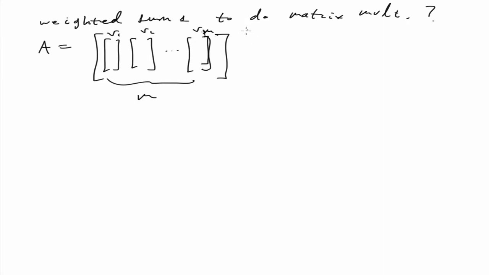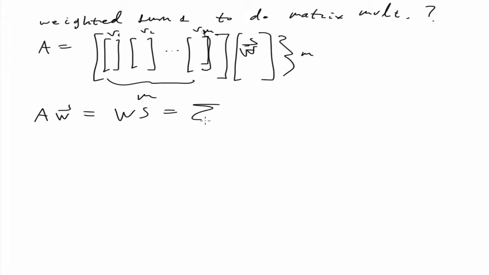Then what I'm going to do is multiply it by a vector called W, a column vector that also has length m. Then A times W, the vector, is going to be the weighted sum. It's going to be the sum of vi times wi, i ranging from 1 all the way to m.